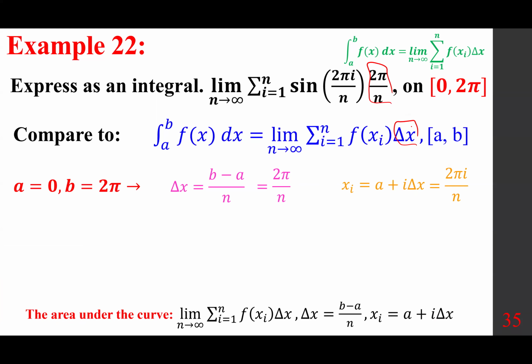Now, f of x sub i is sine of 2 pi i over n. So what should f of x be?